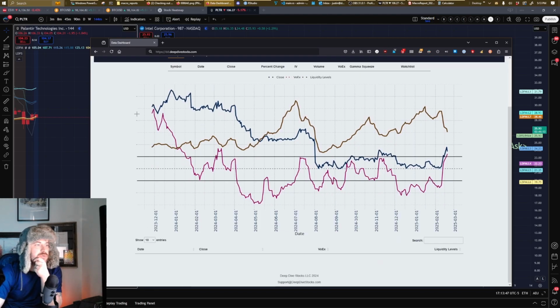Okay, so price, liquidity is hanging out. Price is doing its thing, falls. No, I lied. Stays the same, increases.